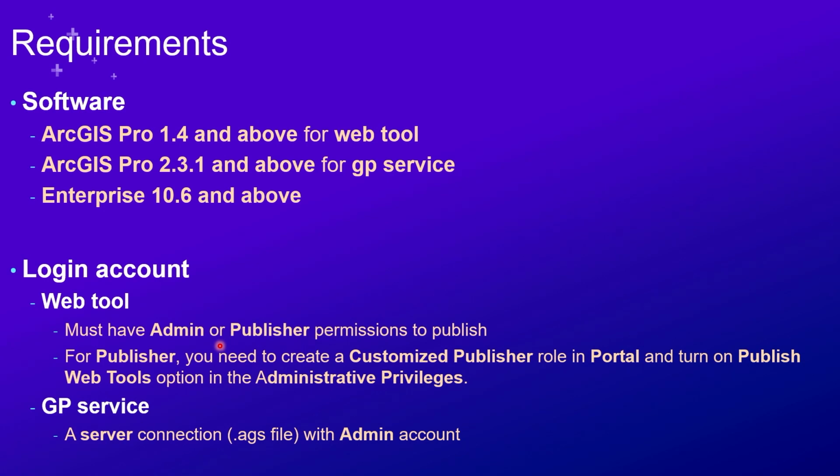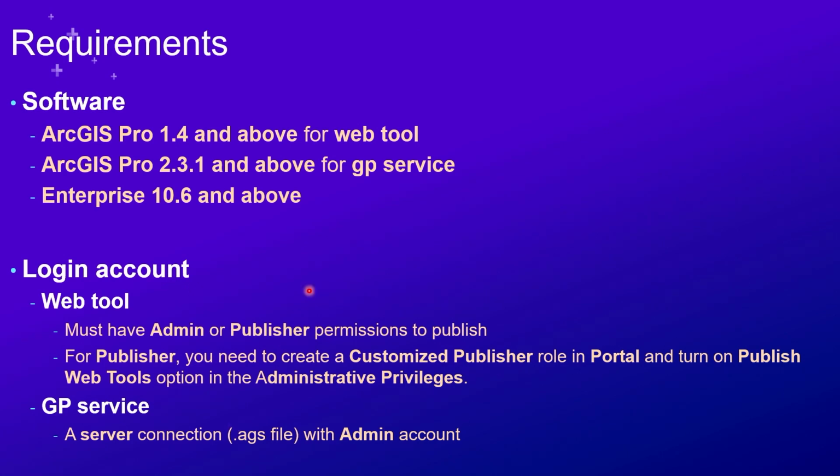If you are an administrator, you can create a customized publisher role in Portal and turn on the option of Publish Web Tool, then assign the users to this customized role. If you want to publish a GP service, on the other hand, you need to create a server connection, or .ags file. For this server connection, you need to have an administrator account, not publisher.